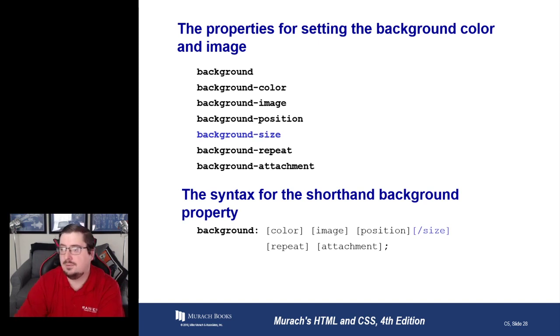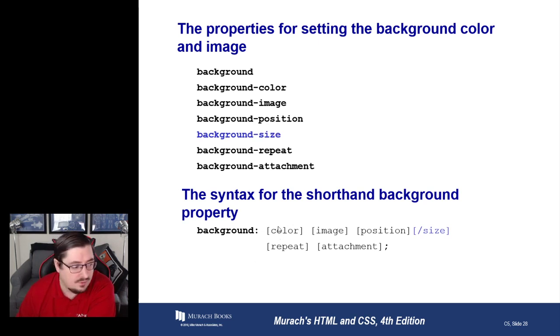So we talked about several of those already. The background property itself is a shorthand for all of the other ones. Okay, so it'll override all of them whether you set them or not. So some of them are optional. If you don't specify all of them, it'll reset them to their defaults.